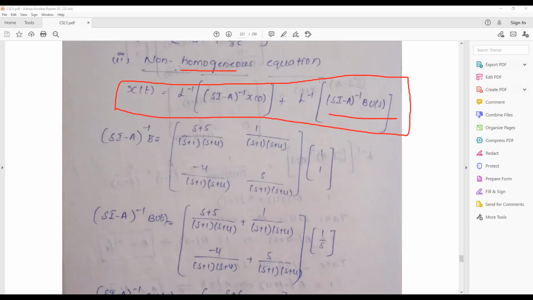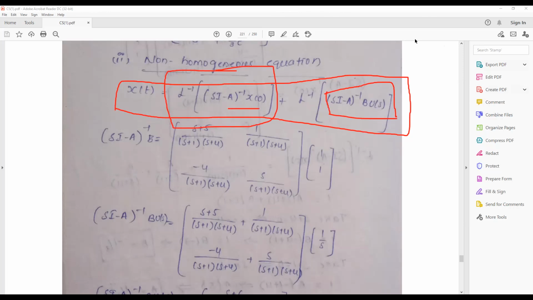So we have already done the homogeneous equation, Laplace inverse of (sI minus A) whole inverse into x of 0, already calculated. What else should we do? Laplace inverse of (sI minus A) whole inverse into B into U of s. Okay, shall we do it? B into U of s.